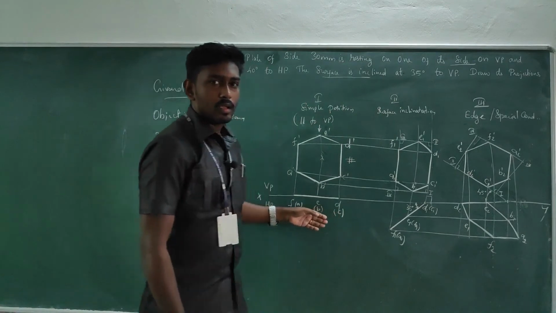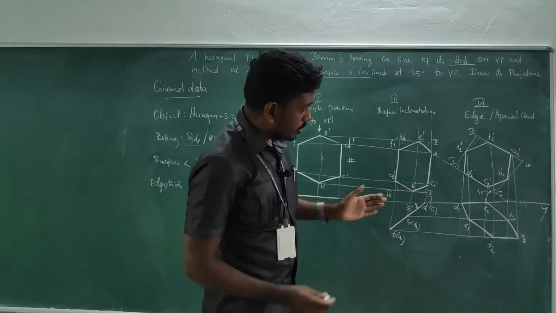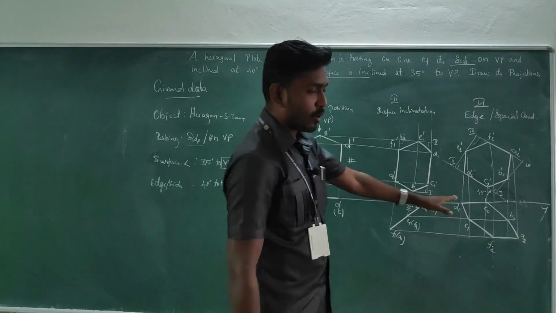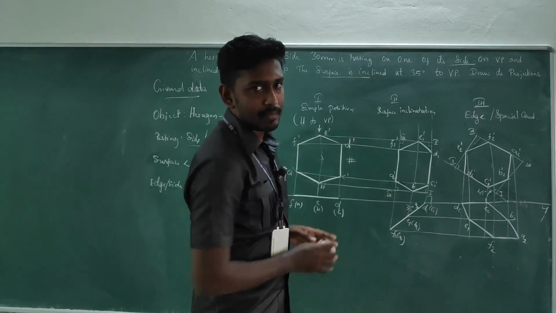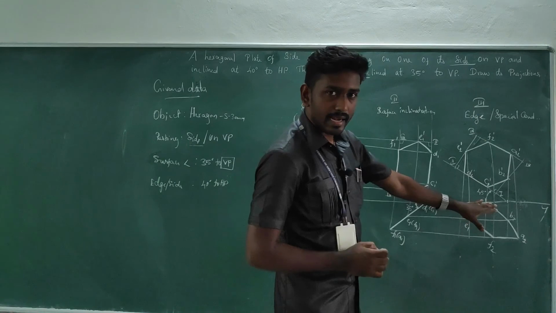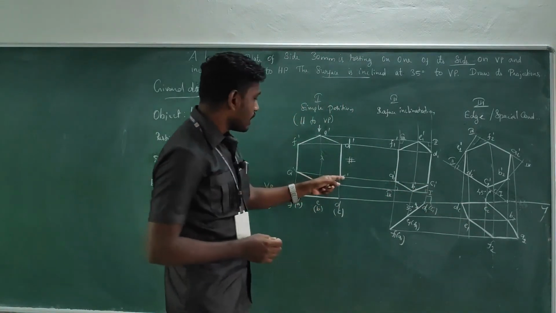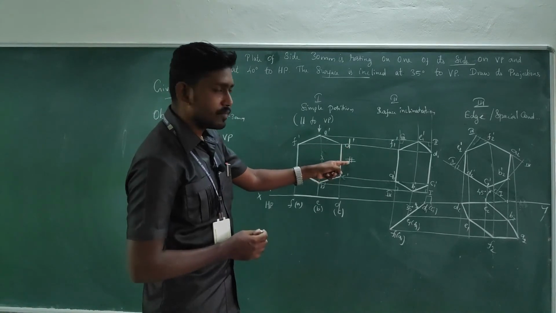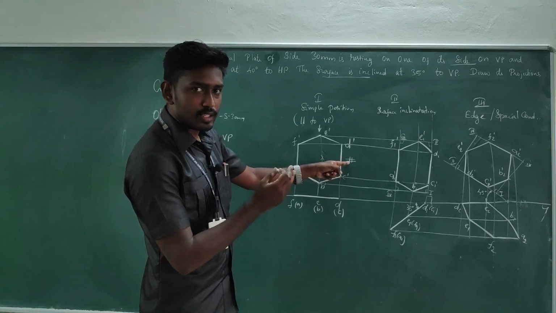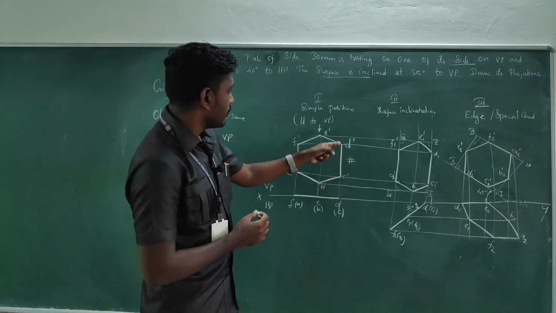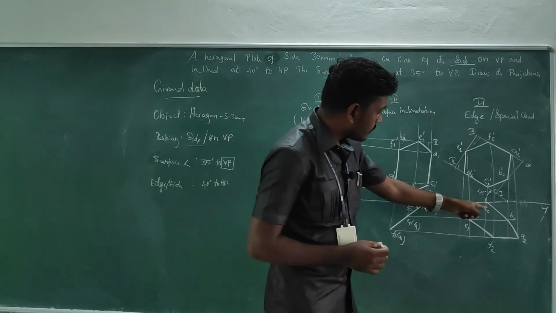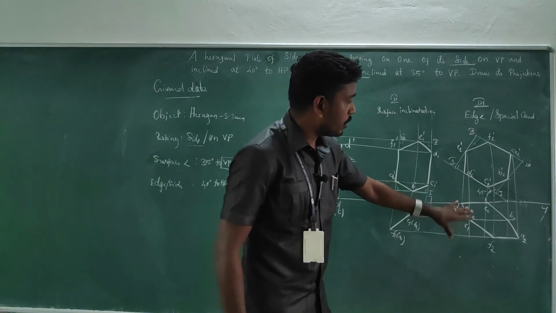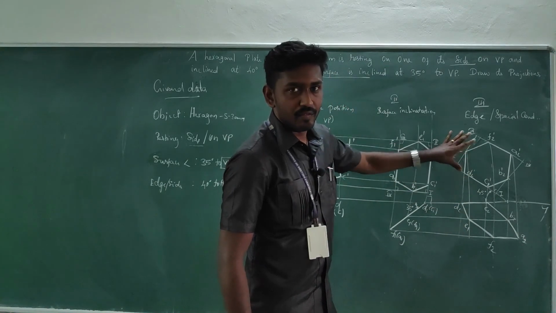It's an approximate drawing, so it won't be a proper shape, but when you go with the exact measurements, you will get the right trace. But here see, it is resting with C and D, right? The right side one, which we have considered, is resting on the VP. Here you can see C and D resting. So this is the final top view, and this is the final front view.